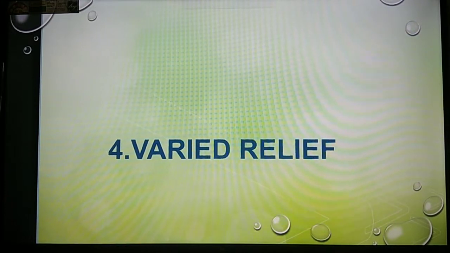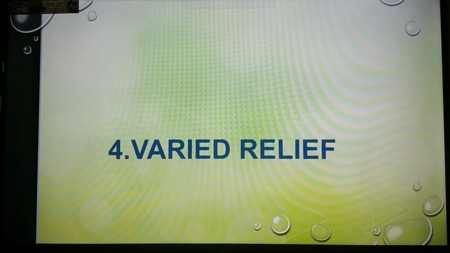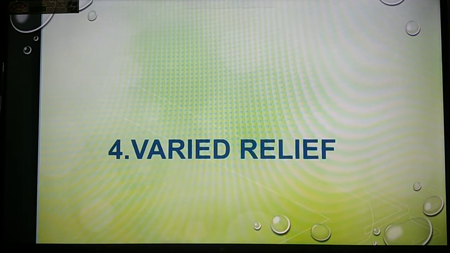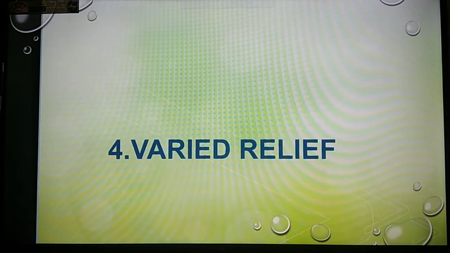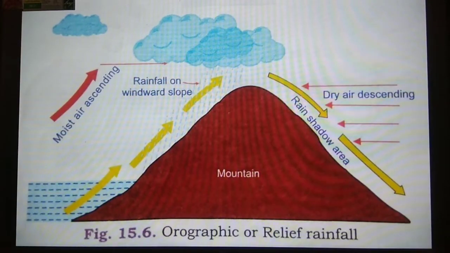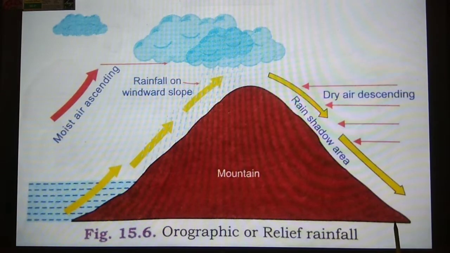As we know that relief plays an important role in the climatic condition of India, right? So before that, we will first see what is relief rainfall. This is the diagram which is showing the relief rainfall.